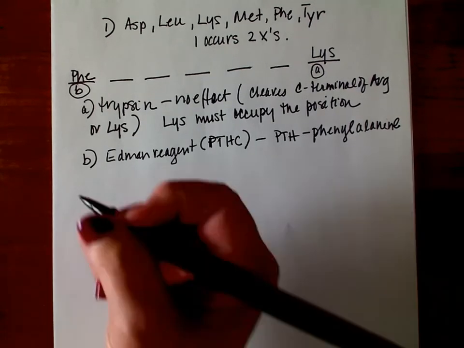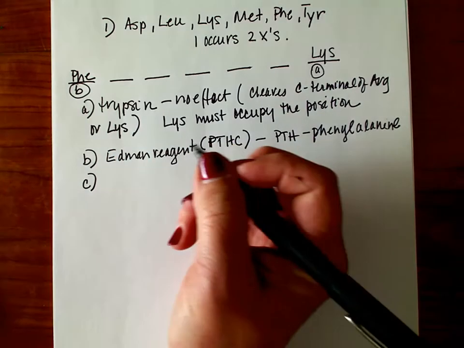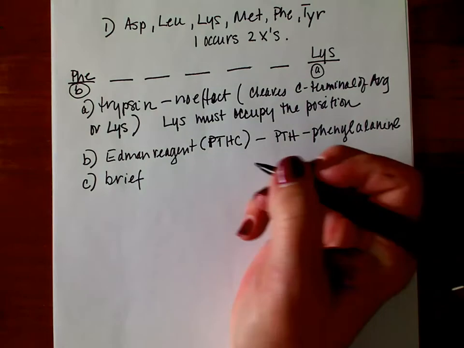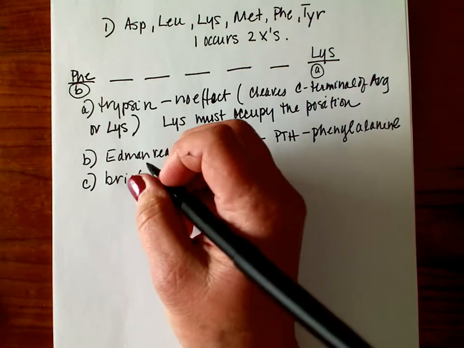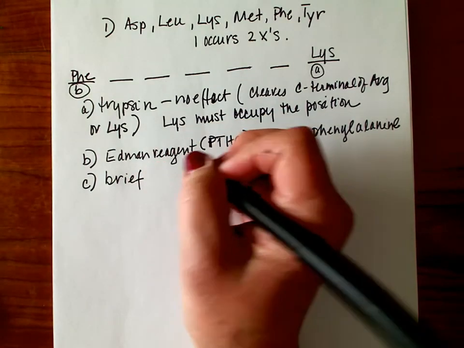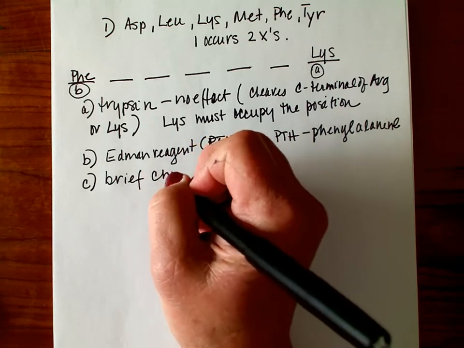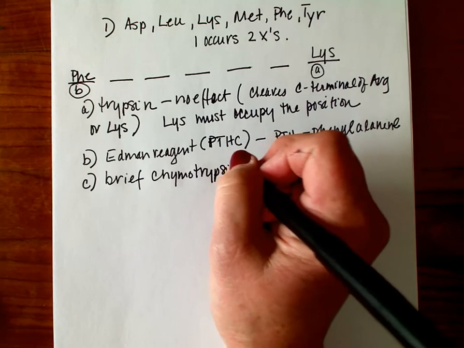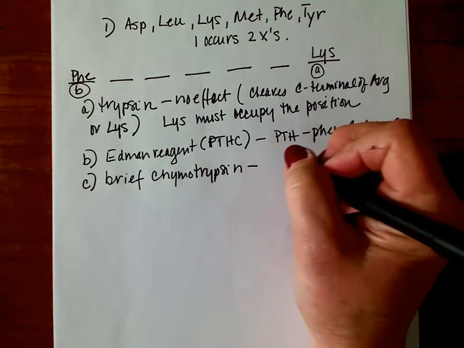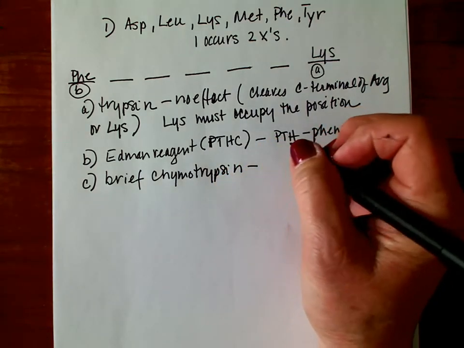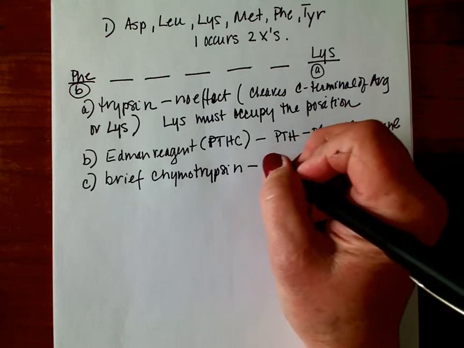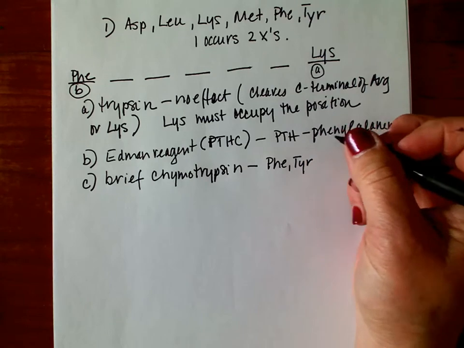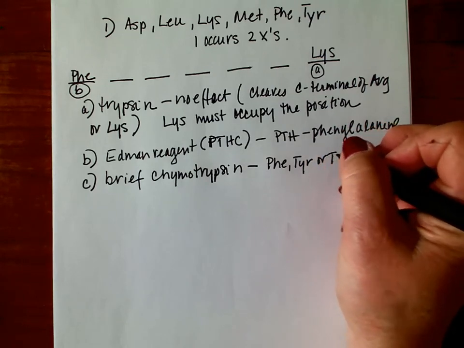In C, we are treating this 7-residue peptide briefly with chymotrypsin. Okay. And this cleaves strongly, C-term, of phenylalanine, tyrosine, or tryptophan.